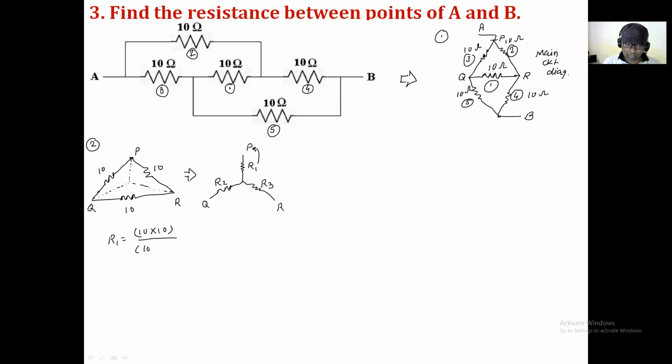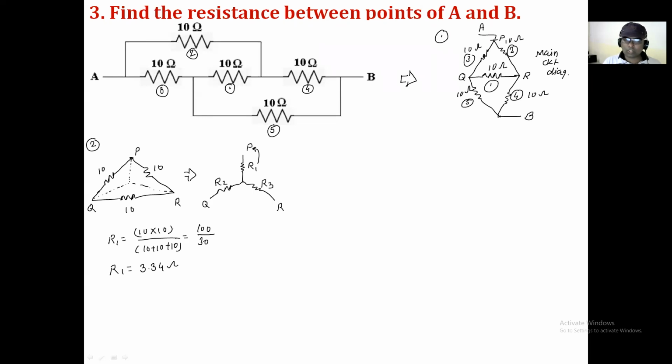So 10 plus 10 plus 10, which is equal to 100 divided by 30. How much does it come? 3.34. So can I say here R2 and R3 also have the same value?